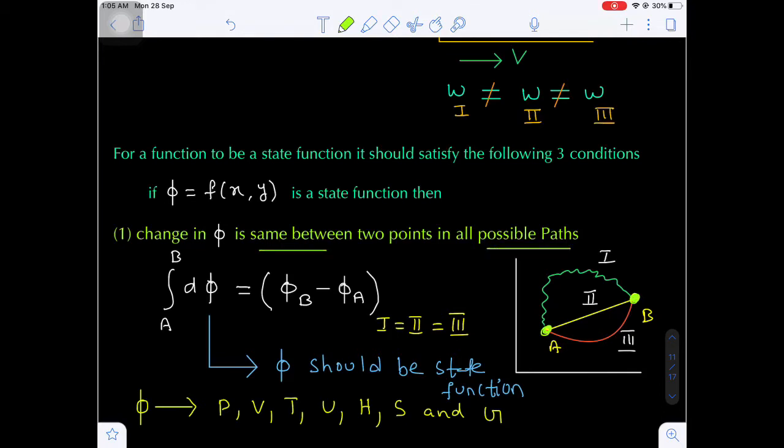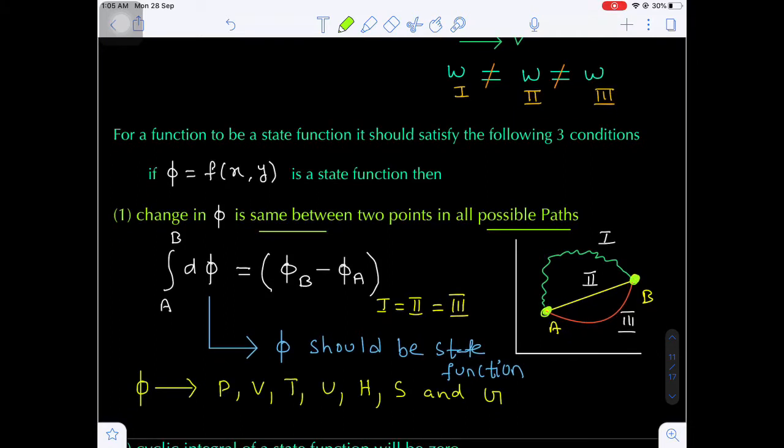If you take all possible paths, path 1, path 2 and path 3, irrespective of the path, the change in the function phi value should remain the same between 2 fixed points, A to B.